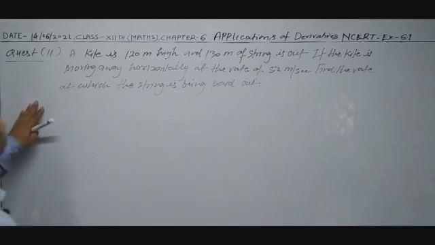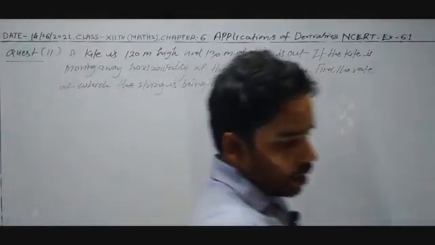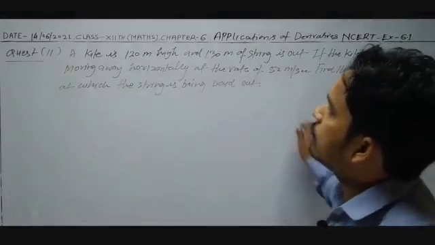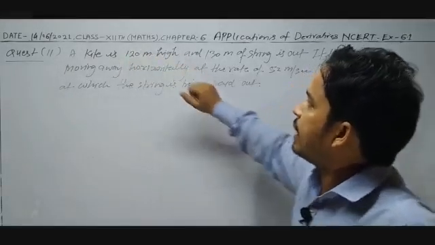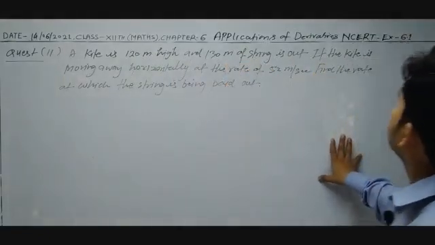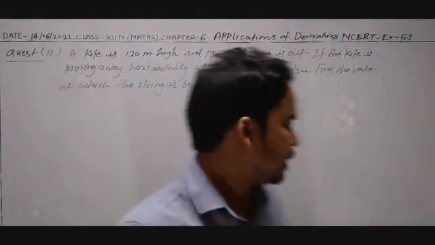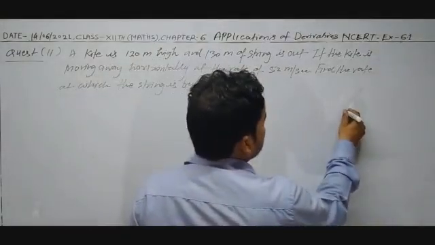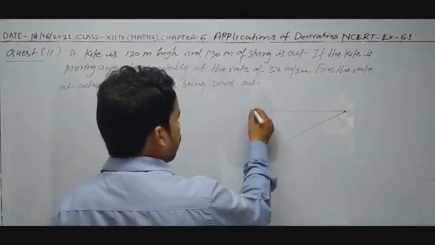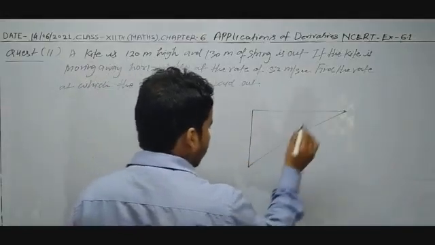Now see, question number 11. A kite is 120 meter high and 130 meter of string is out. Suppose this is the position of the kite, and we have drawn a triangle shape.